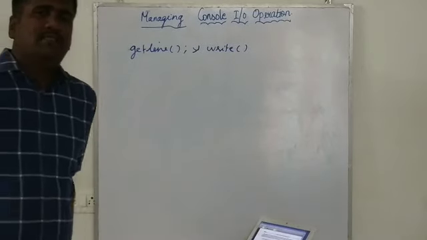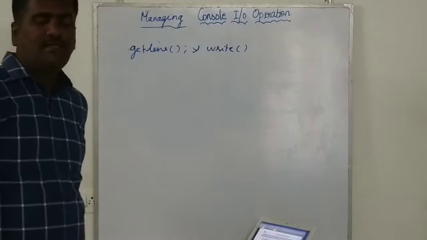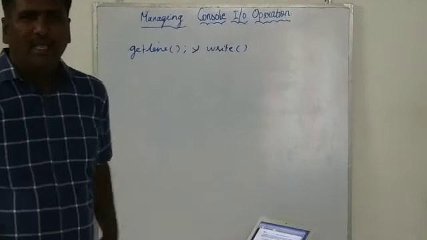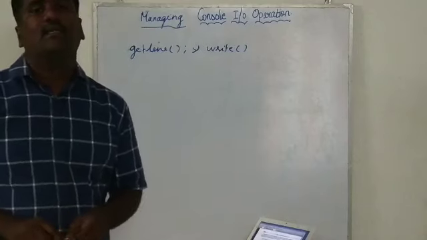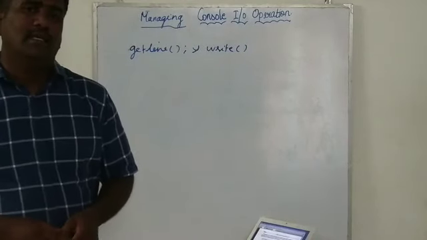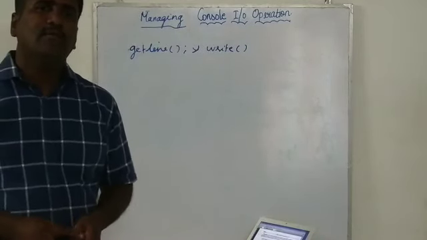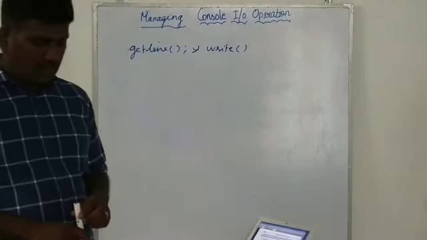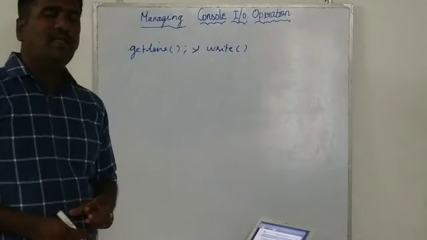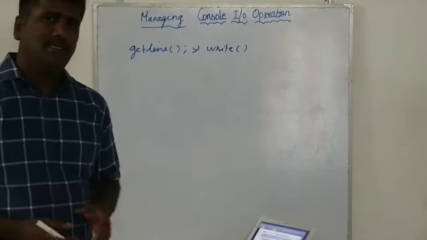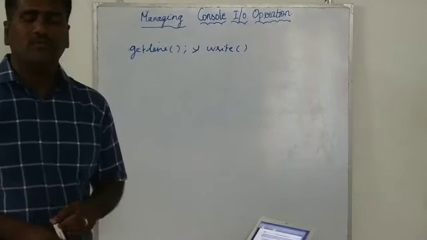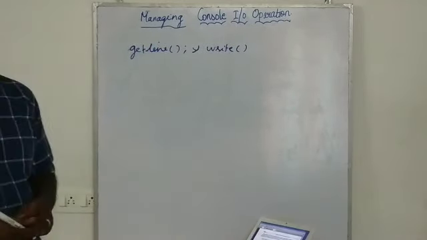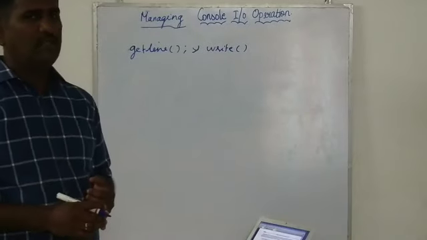In previous classes, we already discussed the get and put functions. The get function is used for getting a character by character from the keyboard. The put function is used to display a character by character to the monitor. We have already seen the get function and the put function.